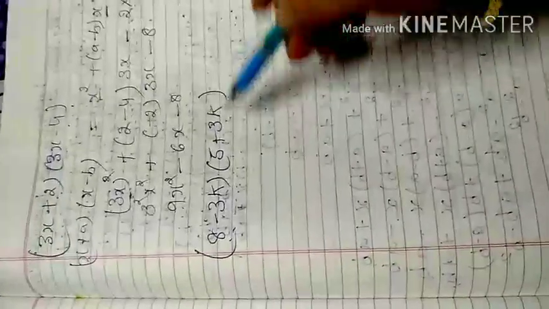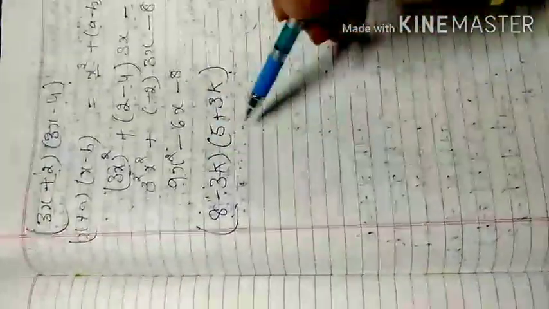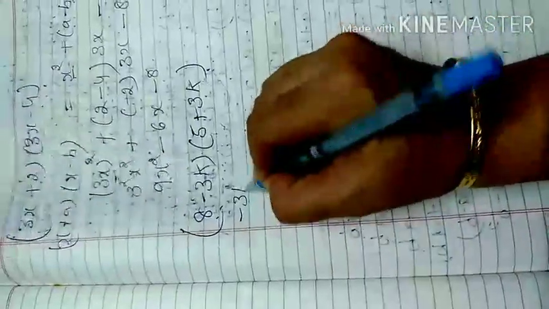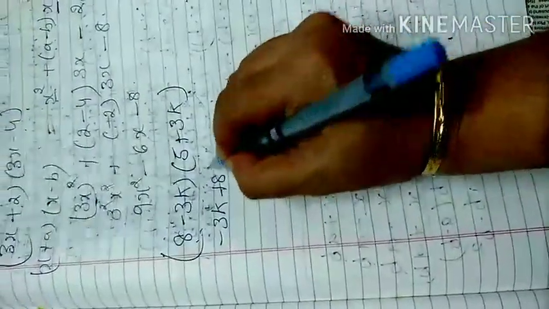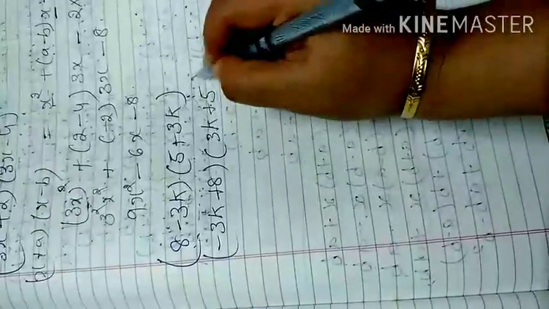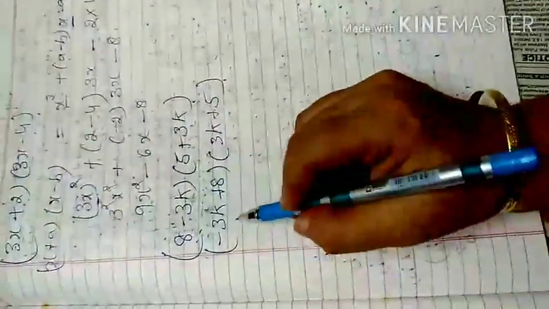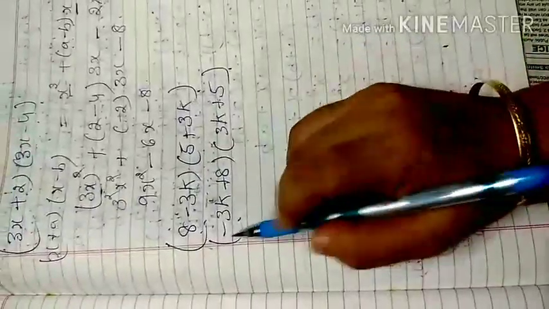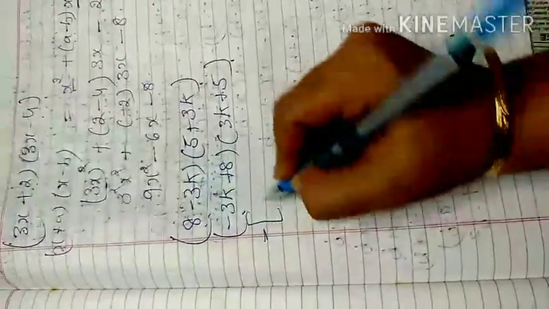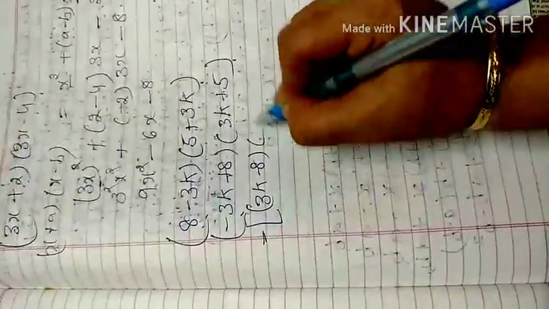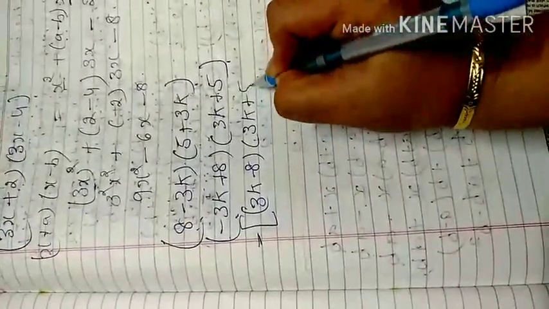So what I do, I will swap the terms, keeping the same term at the first position: (-3k + 8), then (3k + 5). Now this is negative, this is positive, and the sign should be the same, so I take the negative sign common, put it outside the bracket, and this becomes (3k - 8) and (3k + 5).